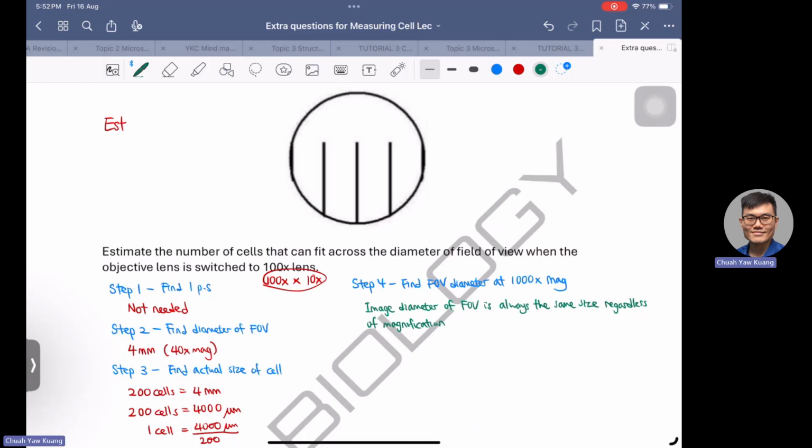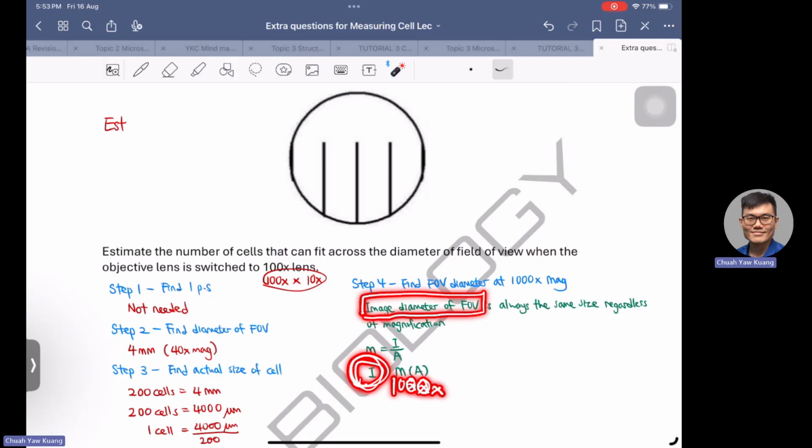Based on this, we can apply the formula, because when it comes to magnification, it's always the image over the actual, right? So the image is equal to the magnification times the actual size. Since from the concept we know that the image diameter of the FOV is always the same, that means the image is always the same. No matter whether the magnification is 10x, it's the same. Or if the magnification is 100 times, it's still the same. Or if the magnification is 1000 times, the image size is always the same.